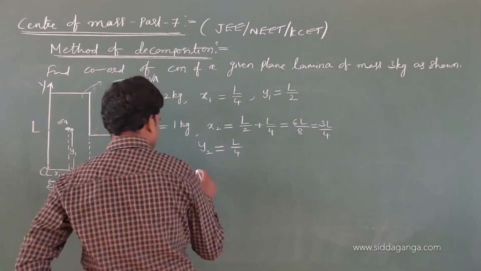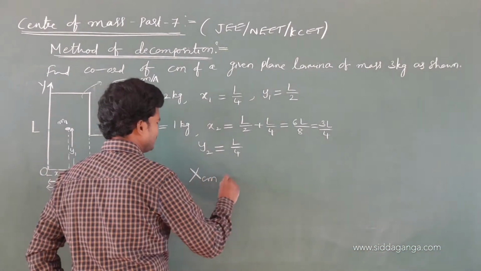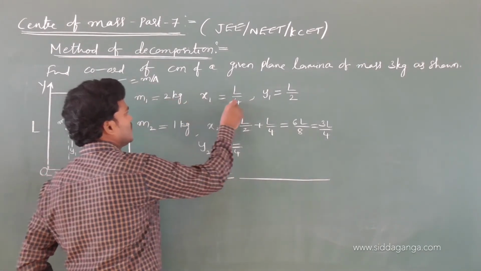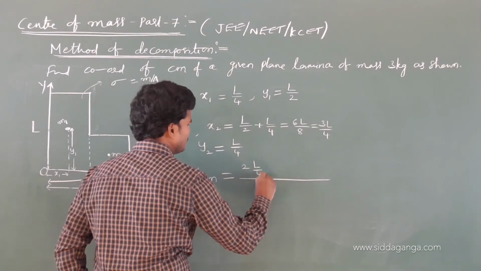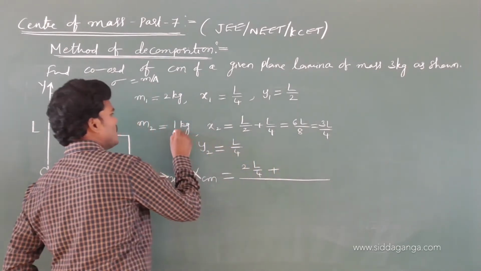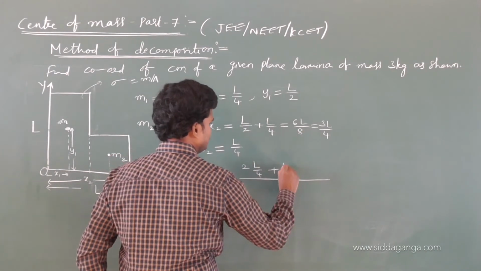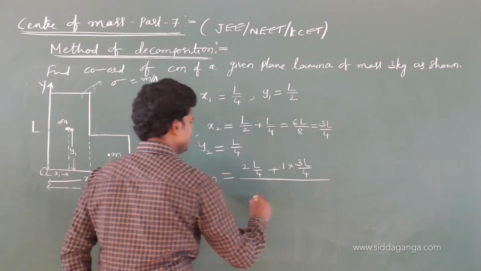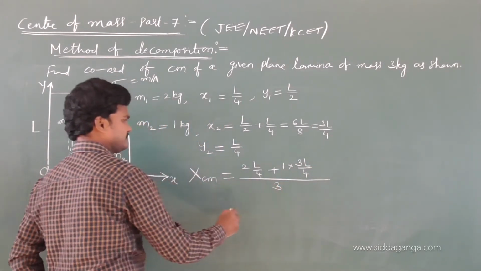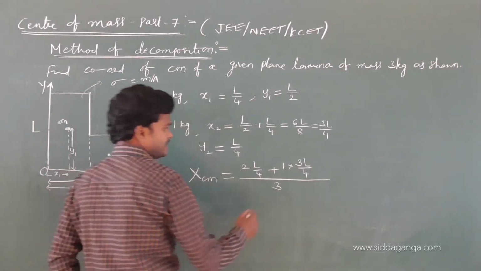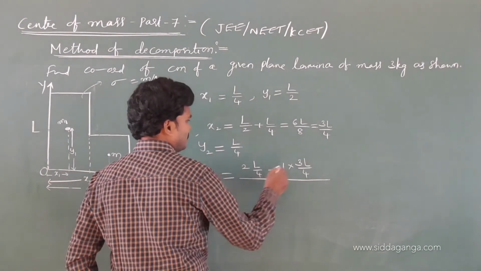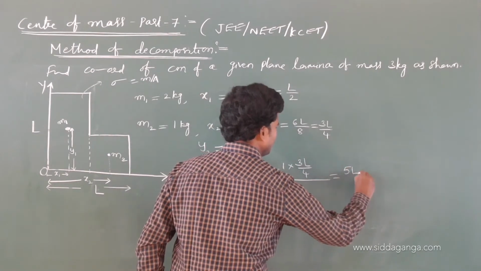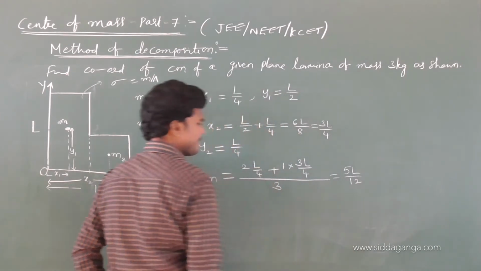So what is xcm? xcm is m1 x1 plus m2 x2 by m1 plus m2. m1 x1: 2 into L by 4, plus m2 x2: 1 into 3L by 4, by m1 plus m2, which is 3 kg. So 2L by 4 plus 3L by 4 is 5L by 4, and 4 threes are 12. So how much is it now? 5L by 12.